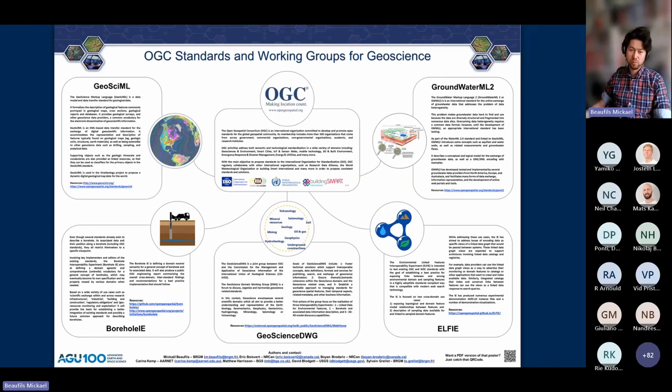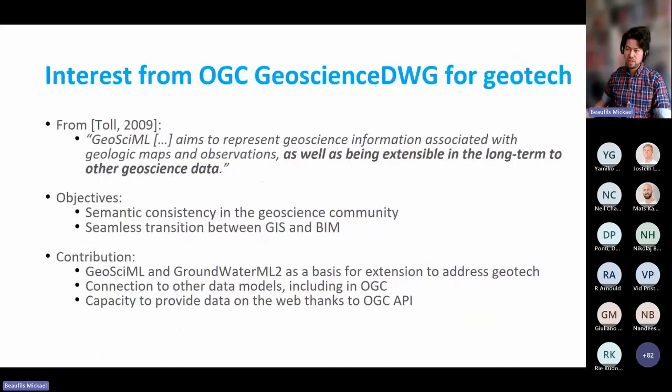The interest of the OGC Geoscience Domain Working Group for geotech, going back to the presentation of the paper from David Toll, was that GeoSciML has been designed for that. We first addressed the topic of geological maps and observations, but the idea of GeoSciML, and that's why it's not Geology ML but Geoscience ML, is to be able to extend it for other geoscience data, such as geotechnics.